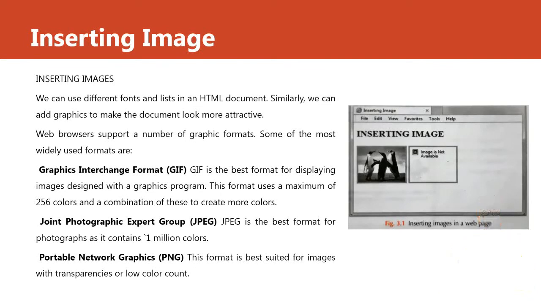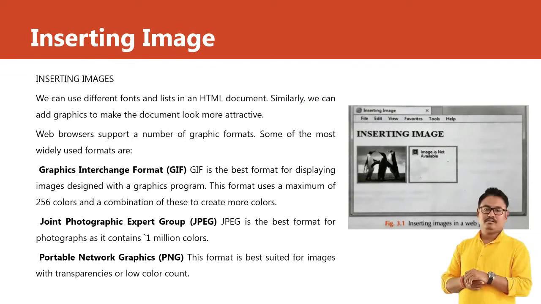So this is the type of PNG, Portable Network Graphics photo. So there are three types of formats: GIF, Graphics Interchange Format, JPEG, Joint Photographic Experts Group, and PNG, Portable Network Graphics. In short, GIF, JPEG, and PNG.